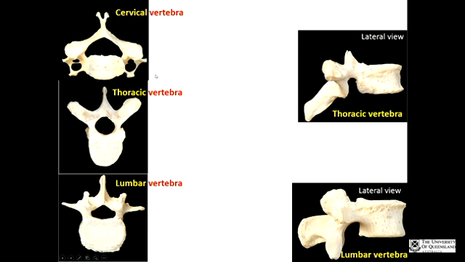So what characteristics would really distinguish a cervical vertebra from a thoracic or a lumbar vertebra? And I suppose, in reality, thinking about what a lumbar vertebra is a good starting point, because these are pretty much the basic form of which we see modifications in other regions of the spine.